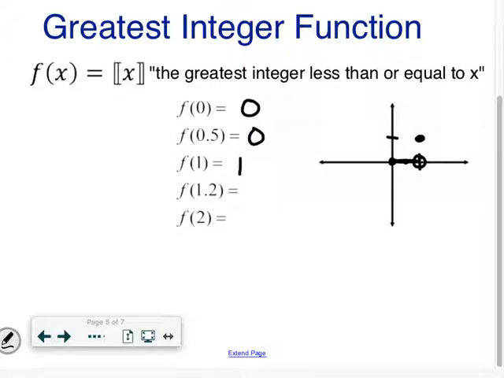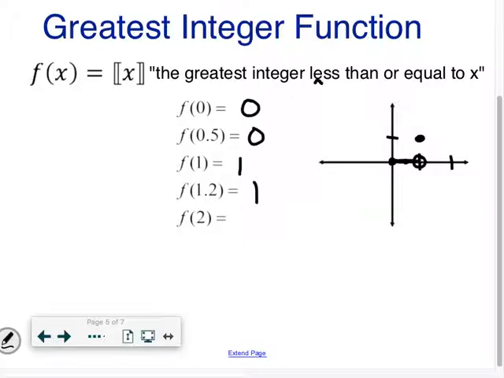What's the greatest integer of 1.2? 1. We can't say 2 because that's more than 1.2. What's the closest integer that's underneath 1.2? That's 1. Okay. So then we do that thing again where all the numbers in between 1 and 2, 1.1, 1.2, 1.4, 1.99999, their greatest integers are all 1. They all go back to 1.